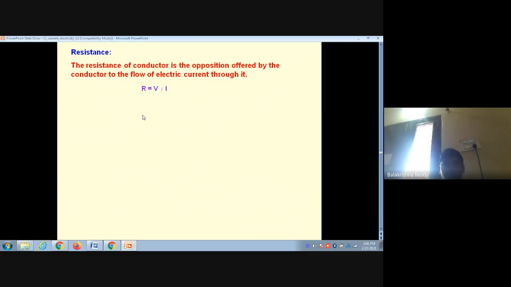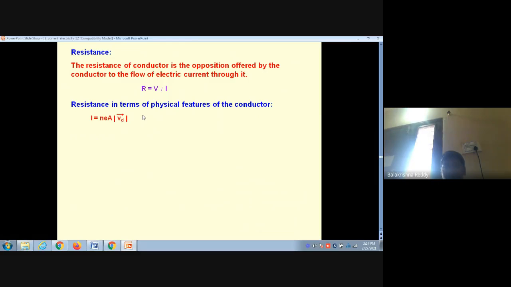This R equal to V by I can be written as resistance in terms of the physical features of the conductor, relating it in terms of drift velocity. We know the relation I equal to N E A V_d.